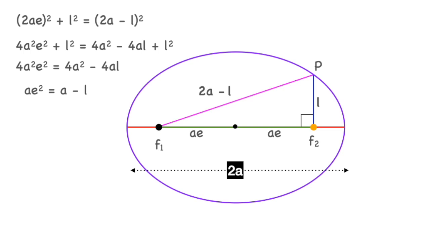Suddenly, things look a lot less messy, and we can solve for L. After factoring out a on the right, we find that L equals a times the quantity 1 minus e squared.